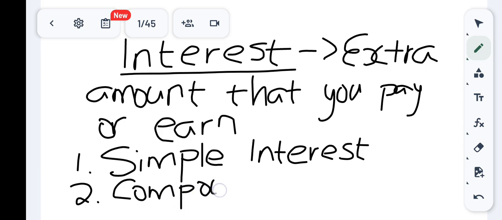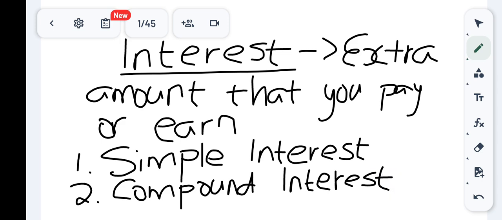These are the two main types of interest that we will be dealing with in this topic. But in this video, I want us to focus only on simple interest. So let's talk about simple interest in this video.